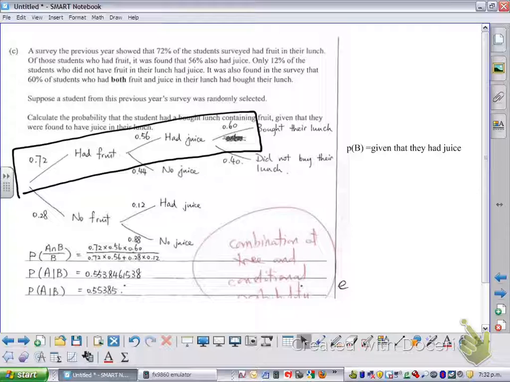Had fruit, had juice, 0.6. So that they had bought lunch containing fruit. So down here, if you take the top, 0.72 times 0.56 times 0.6. And then you divide that, and you'll get your answer. And you can round it to anything that you want. But that's the question.